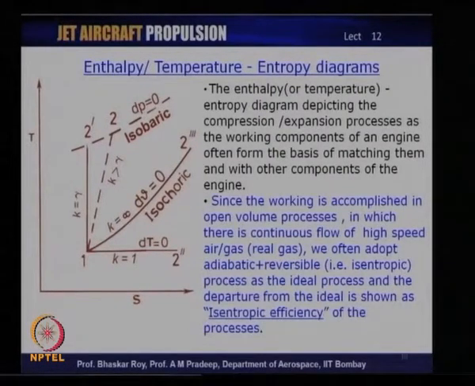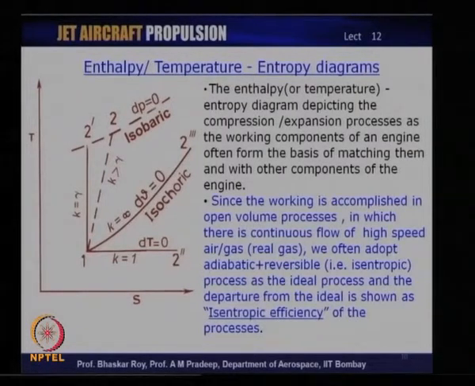In case of the compressor, it is air, and we often adopt the so called isentropic process as a reference or a benchmark to find out the goodness or badness of a real compression process. This comparison between the ideal compression process, or isentropic compression process, and the real compression process is referred to as the isentropic efficiency of the process.